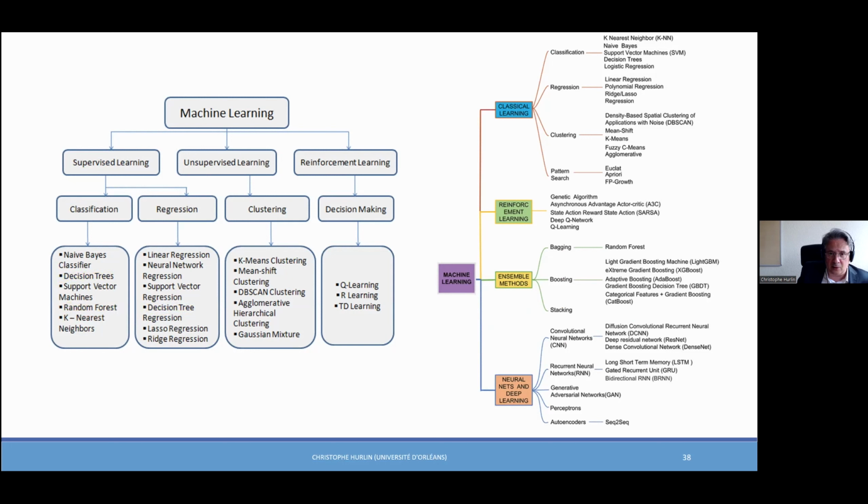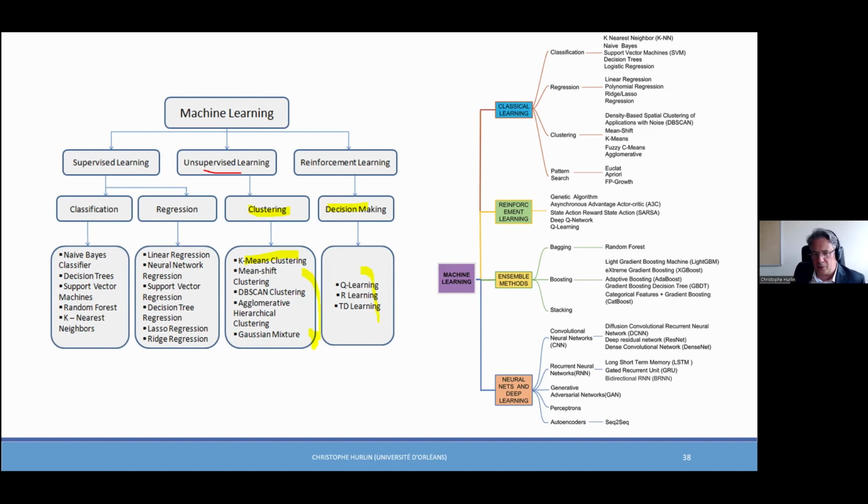For unsupervised learning, you have clustering methods, mainly, and the most well-known is K-means. It's not necessary to discuss the names of the other methods. Reinforcement learning: Q-learning, R-learning, TD learning, whatever.